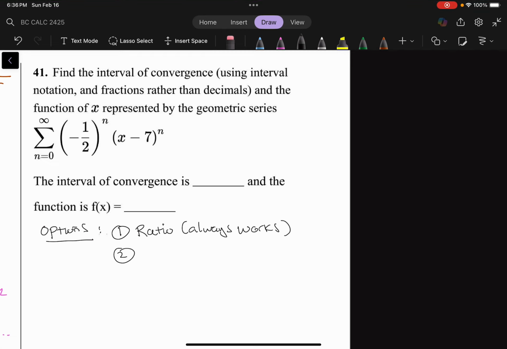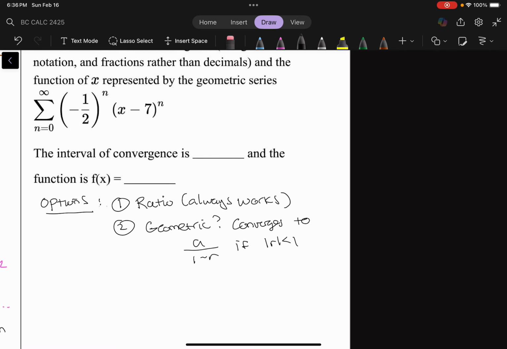Two, you might ask, is it geometric? Because if it's geometric, then it converges to your a over 1 minus r, so long as that's true. And I think if you look at this, it is geometric, right? We can write out the first few terms.